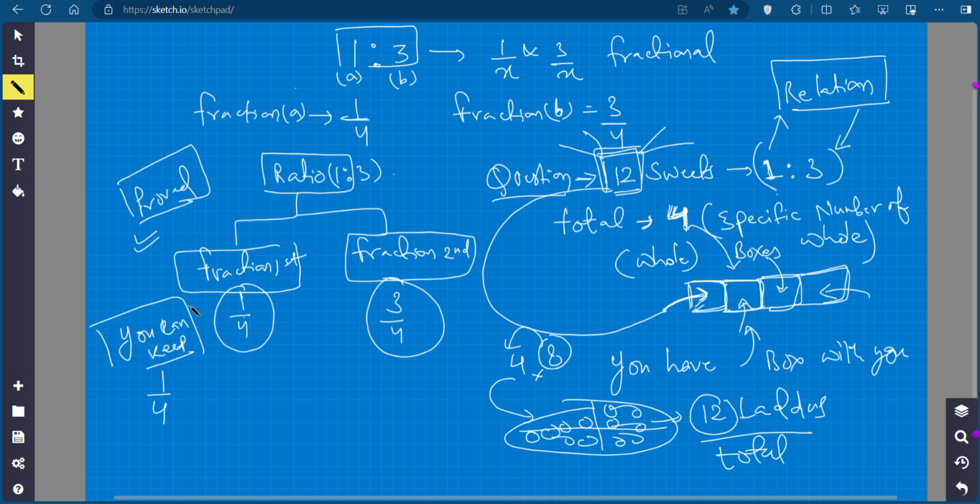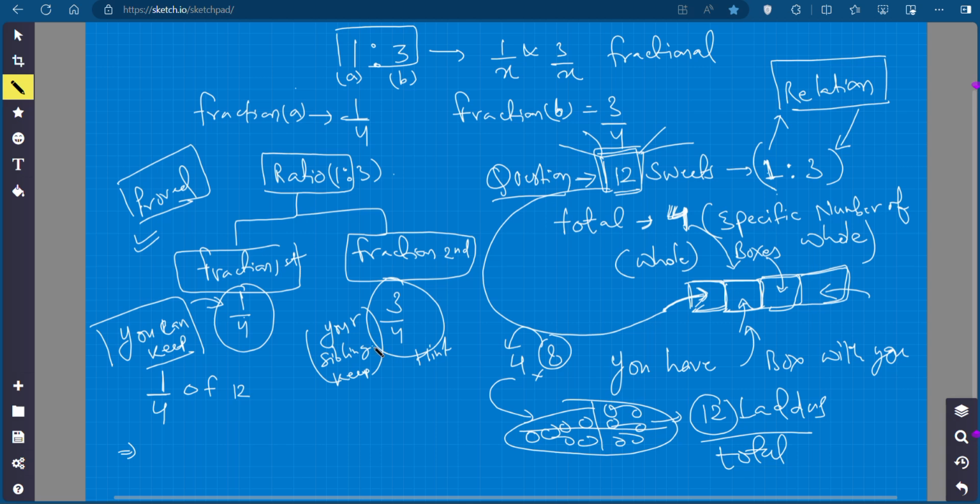Although 1 by 4 was giving you a sort of hint, if you find 1 by 4 of the total laddus your parents gave, then you will know the exact number of laddus that you can keep. 3 by 4 is the fraction your sibling can keep. But this 3 by 4 is a hint, isn't it? It's not telling you what 3 by 4 laddu is. I can't eat 3 by 4 laddu.